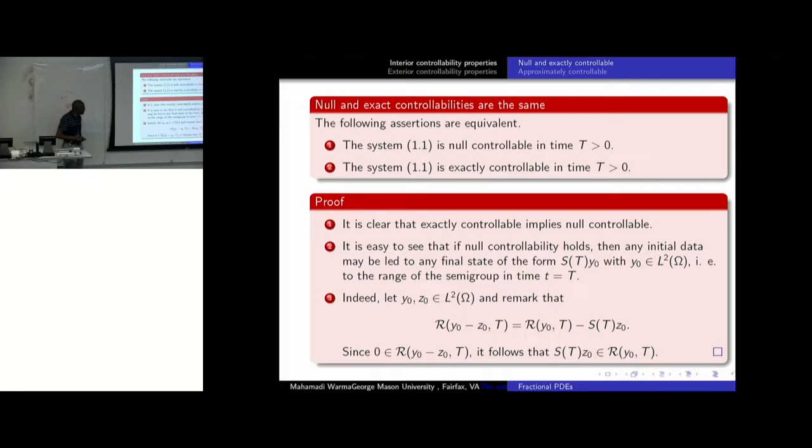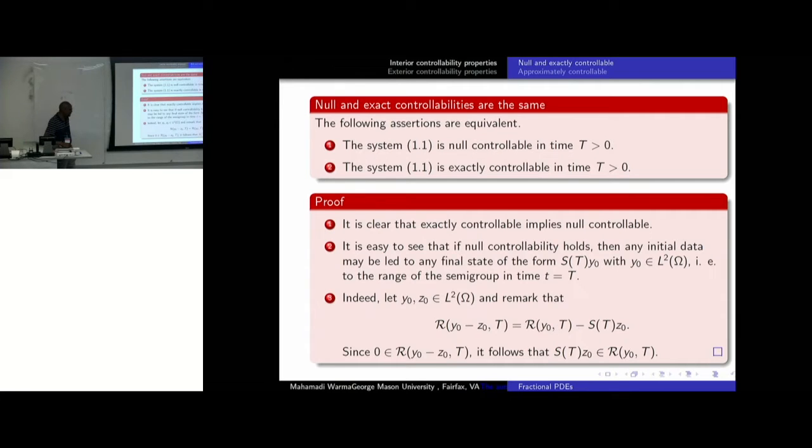Now, if we assume that the system is null controllable, then any initial data may be led to any final state of the form S of t y0 with y0 in L2. That is, in the range of the semigroup. Why? Because if you give me y0 and z0 in L2 and you take that as the initial value, the set of reachable states from y0 minus z0 at time t is the set of reachable states from y0 minus the semigroup at time t applied to z0.